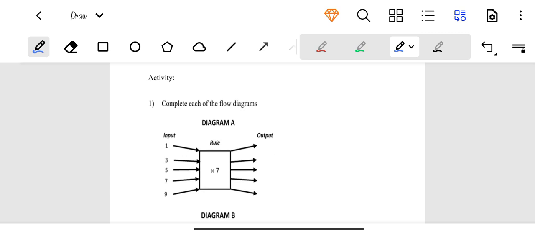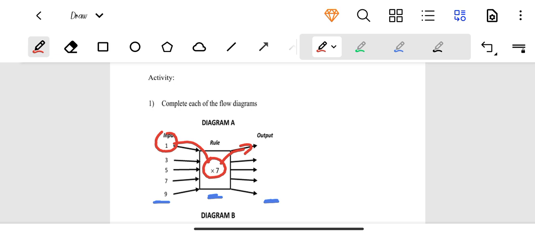Let's look at an activity. Activity number one says complete each of the following flow diagrams. We have diagram A, and they gave us the input and the rule, but we don't have the output. What am I supposed to do to find the output? I'm going to follow the rule: the input multiplied by the rule gives the output.